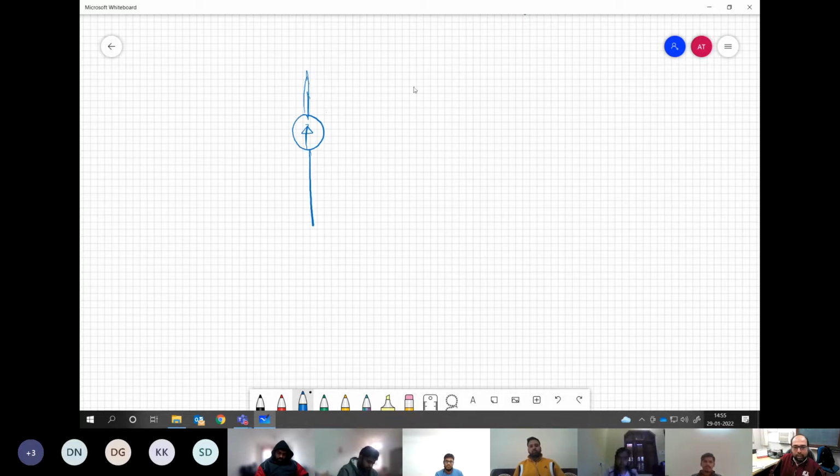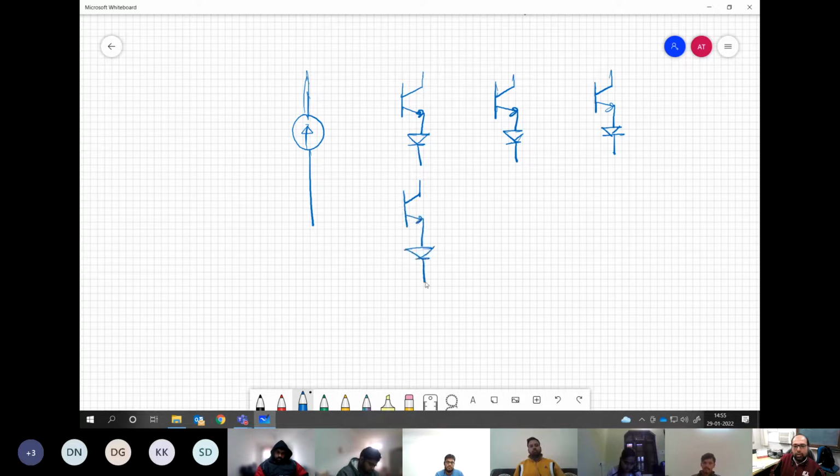So SPTT is nothing but an extension of this switch. There were two switches, now there are three switches like this. And this could be the return path.